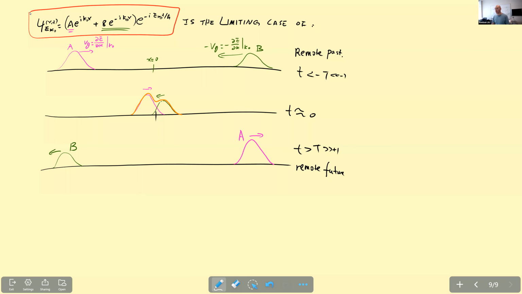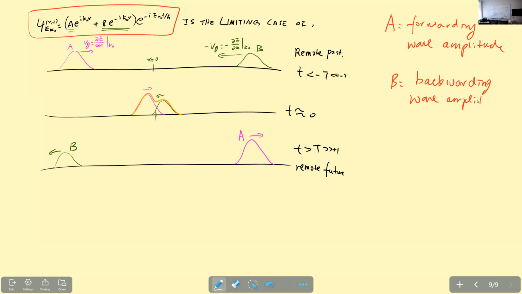It's not a physical state, but it's a limiting case of the wave packets propagating. And it has two components. A is the forward wave amplitude, and B is the backward wave amplitude.